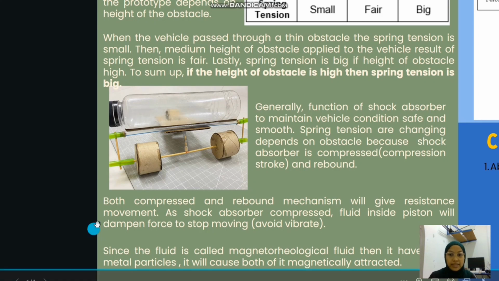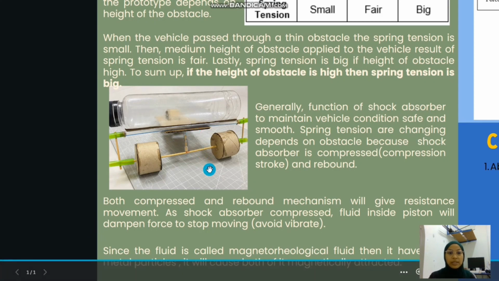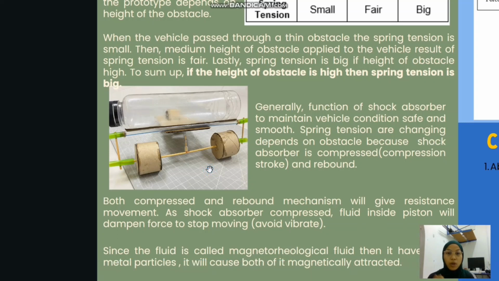Fluid inside the piston will dampen the force to stop moving. In real life, this is actually called avoiding vibration. Since the fluid is called magnetorheological fluid, it has some tiny metal particles, and then it will cause both of them to be magnetically attracted.